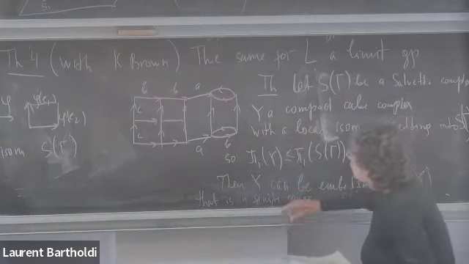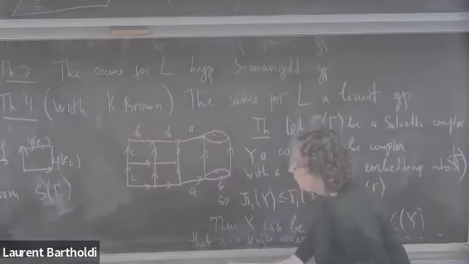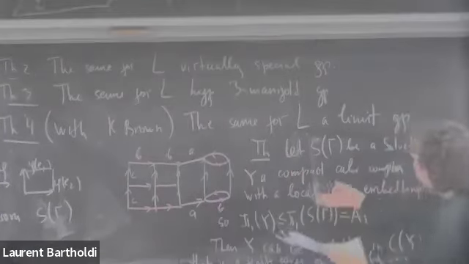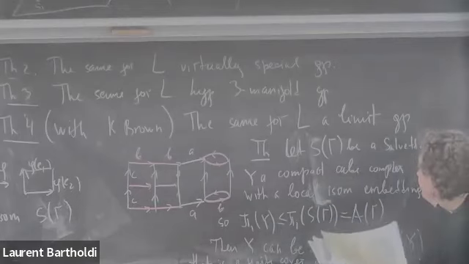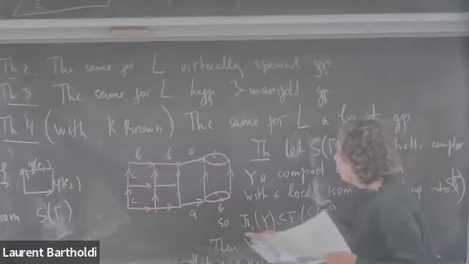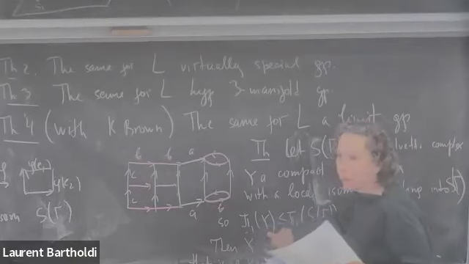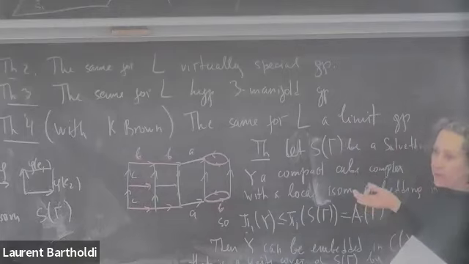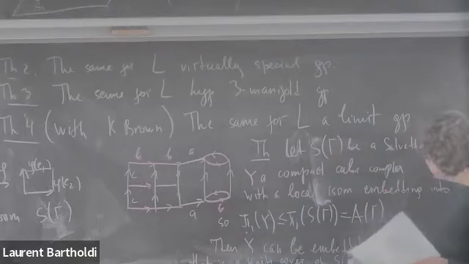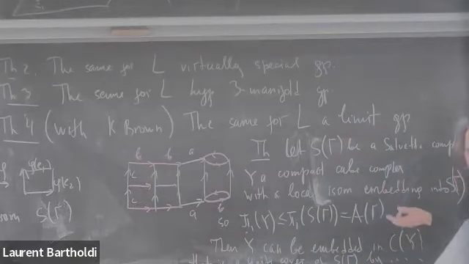Now I explain how it can be. This statement immediately implies that this fundamental group can be embedded in the fundamental group of a finite cover, and the fundamental group of a finite cover of the complex has finite index in the fundamental group of the complex.